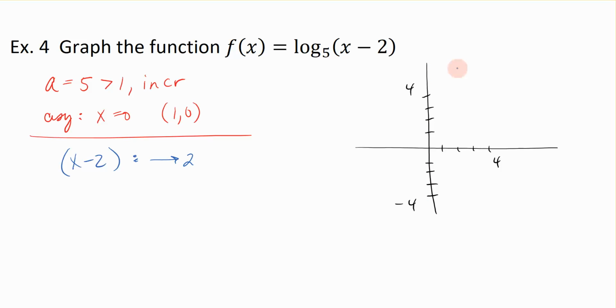So I'm going to redraw my asymptote here, crossing the x-axis at x is equal to 2. Remember, vertical asymptotes are denoted by the equation x equals 2. And I had an x-intercept at (1, 0), but it is now shifted to the right by 2, so (3, 0), meaning that my function is going to cross here, and it's increasing, and so that's about all I really have to do. And that's how we're going to graph our log functions.